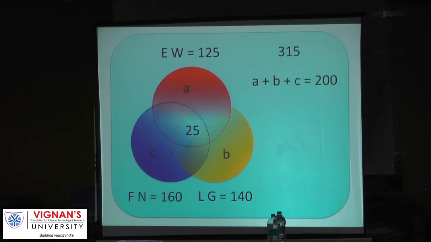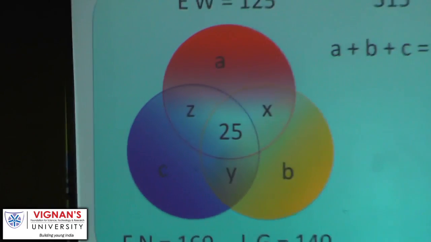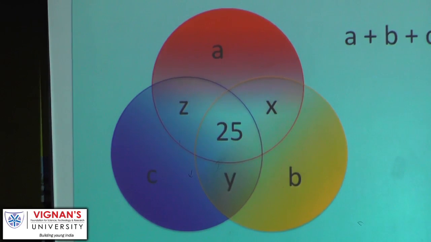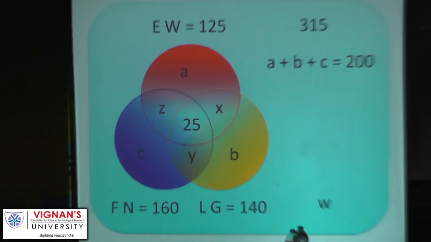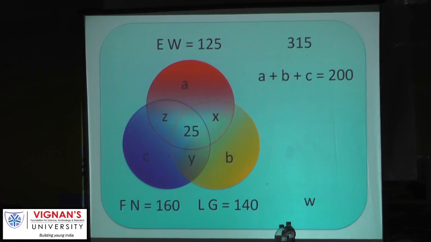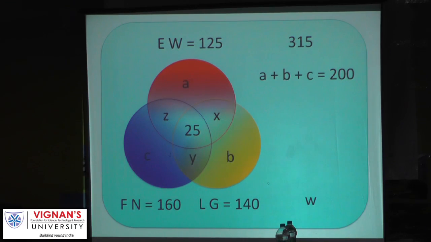Now, what are x, y and z? Exactly two of the three. And what is w? Those who have not visited any of the three places, right?